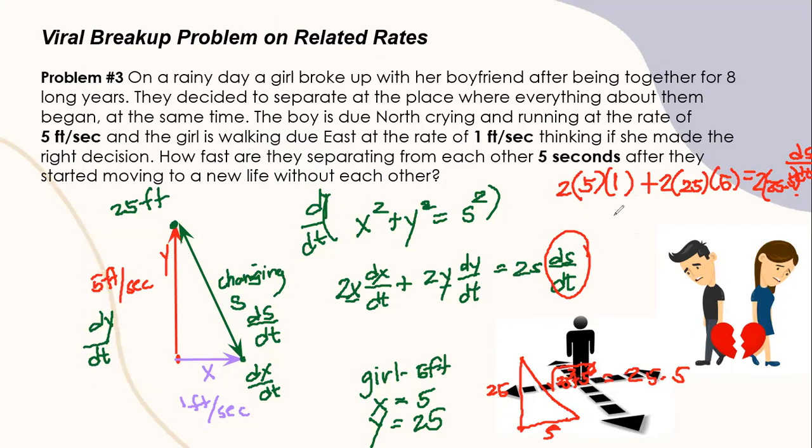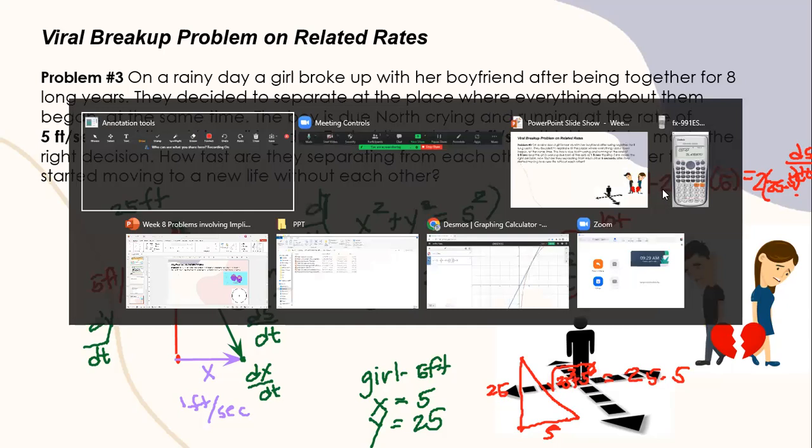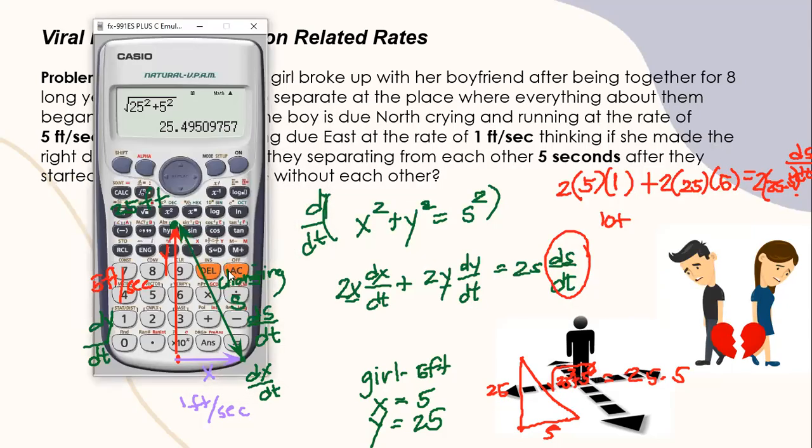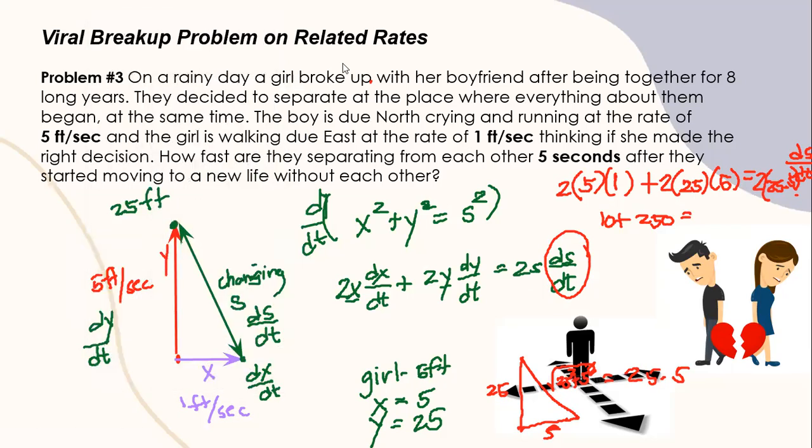All right, so we just have to simplify our equation. So 2 times 5 times 1 is 10 plus 2 times 25 times 5 is 250. 10 plus 250 is equal to 2 times 25.5, which is 51, ds over dt.